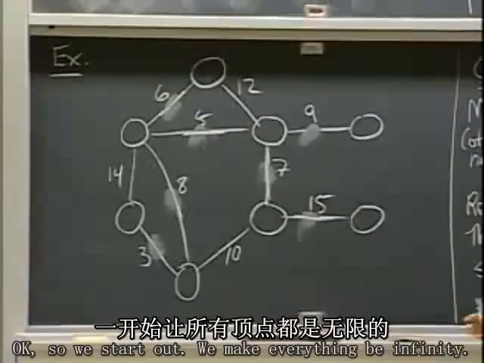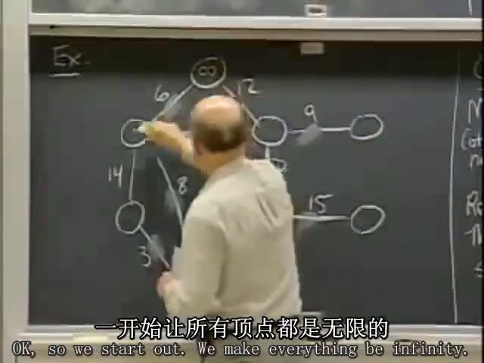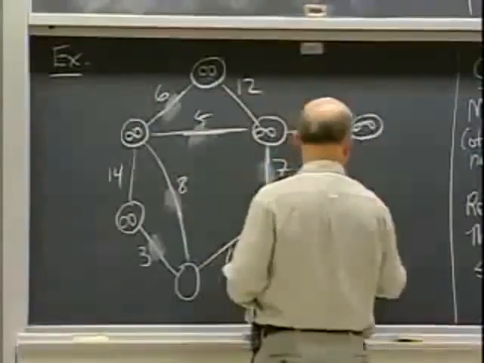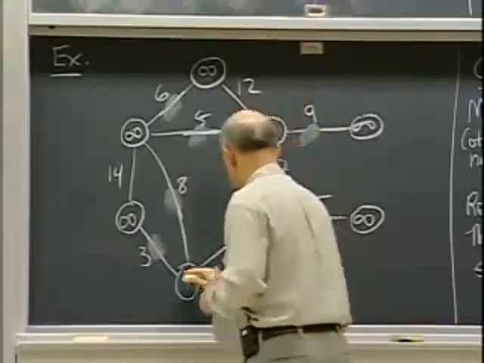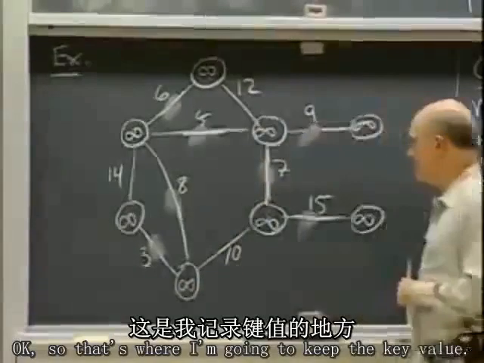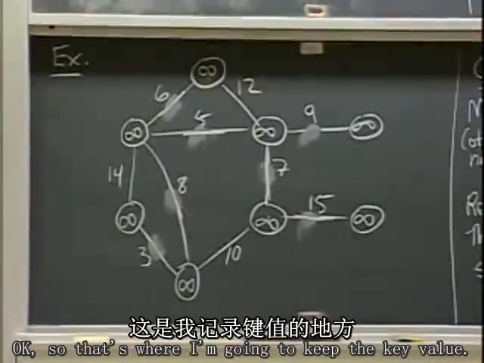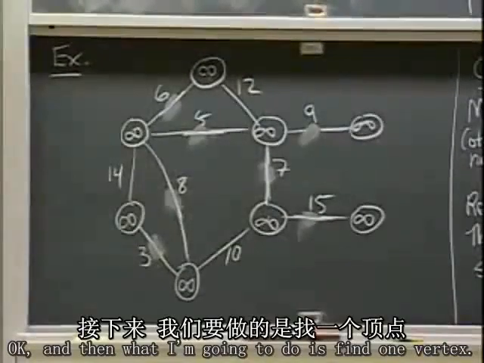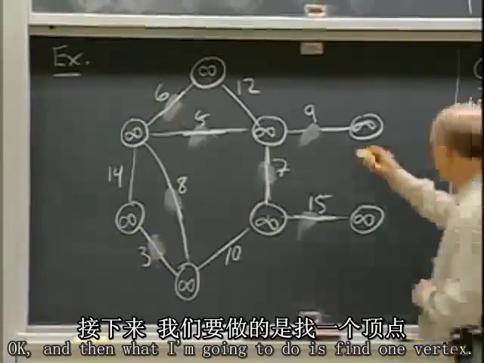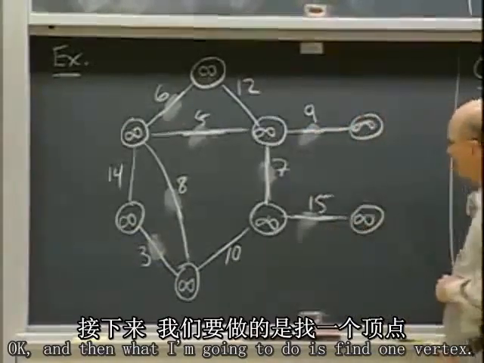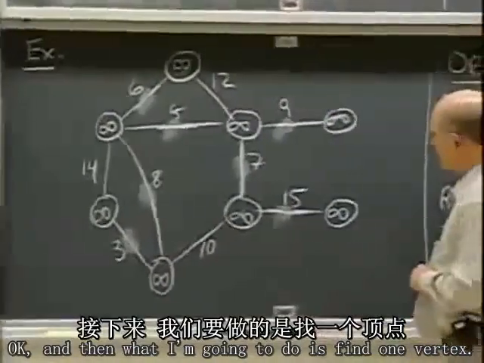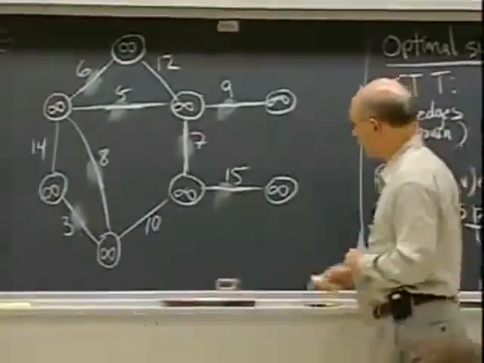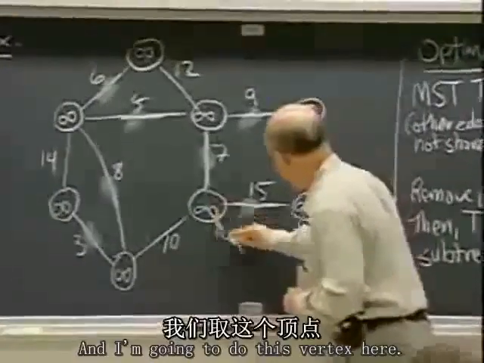So we start out, we make everything be infinity. That's where I'm going to keep the key value. Then I find one vertex, and I'm going to call him S. I'll do this vertex here.